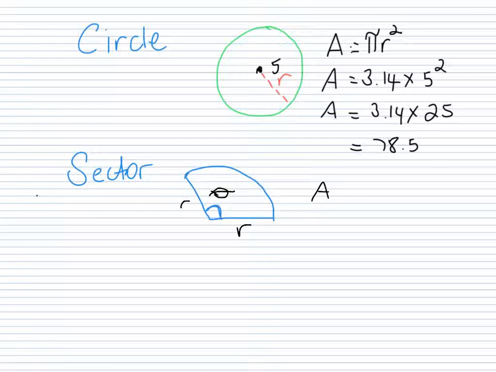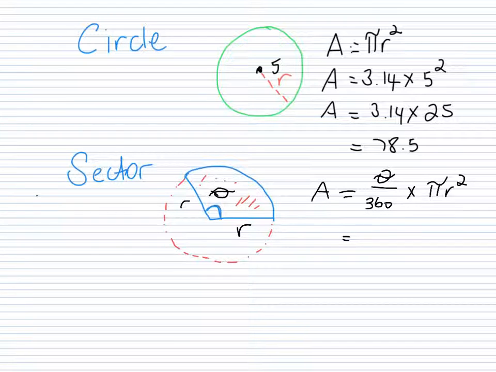For example, if I was to do a little invisible line there with a few dots, we're looking for all of the area in this blue part. Our formula for a sector is our unknown degrees over 360, because there are 360 degrees in a circle, just like up the top, times pi r squared.